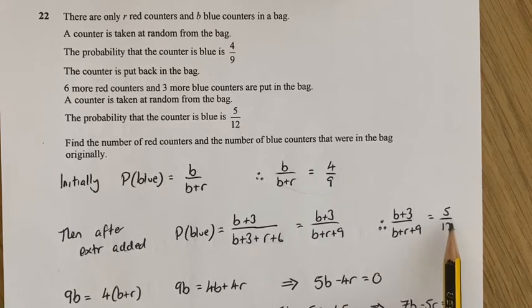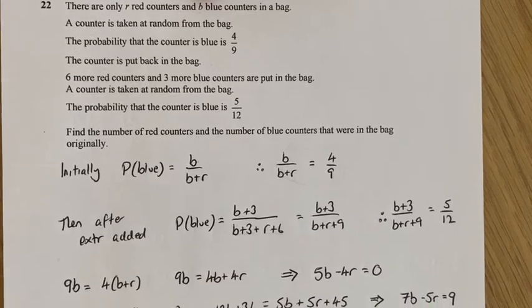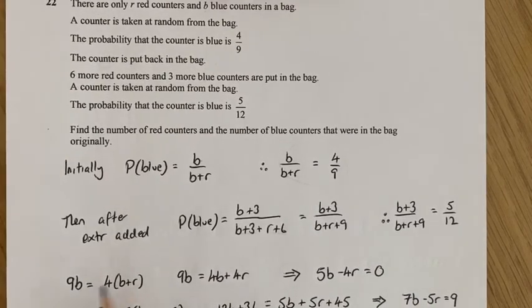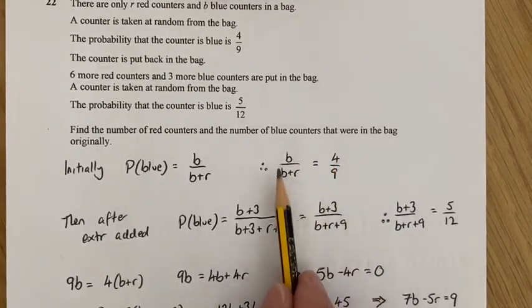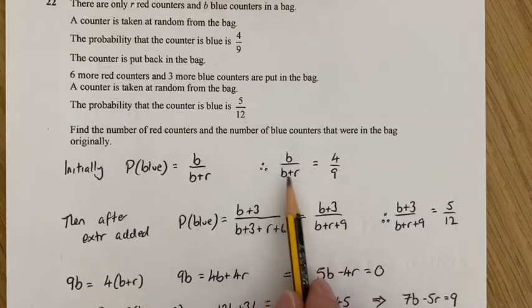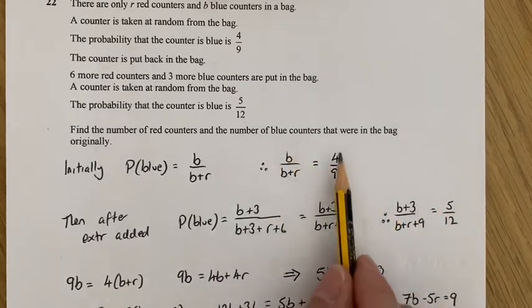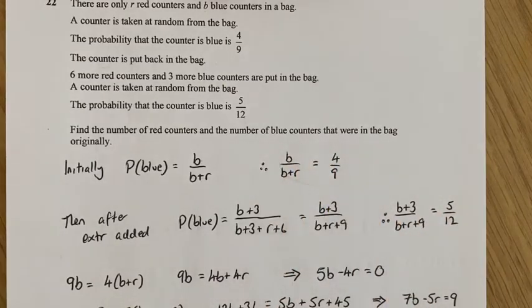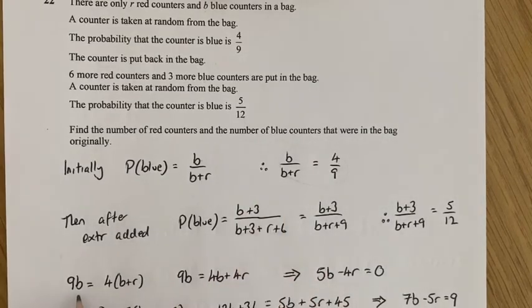The next thing I've done is just rewritten these two equations without the fractions. All I've done here is some diagonal multiplication.